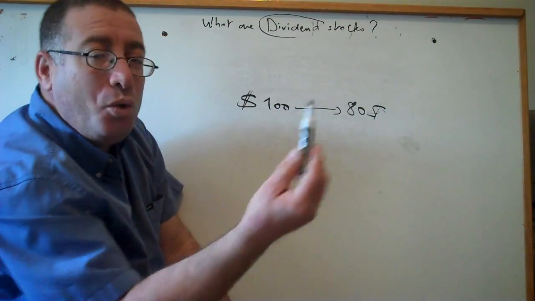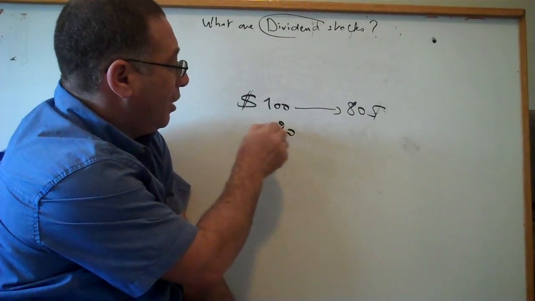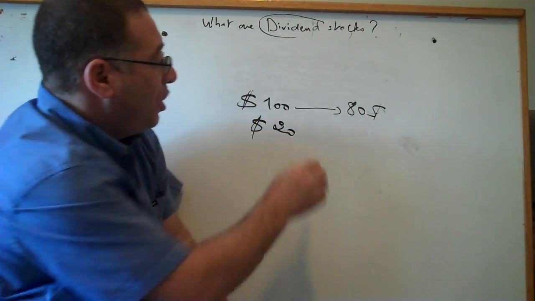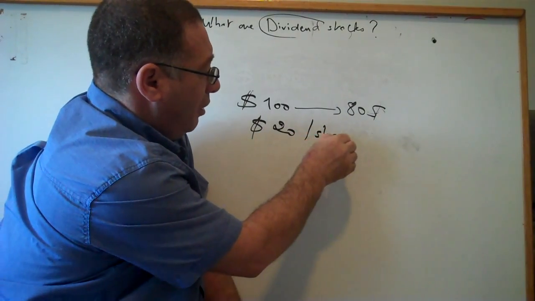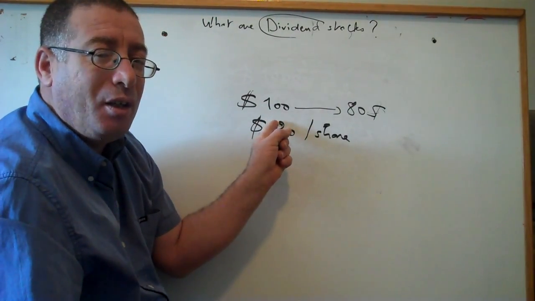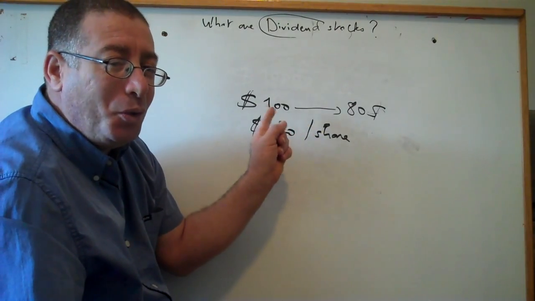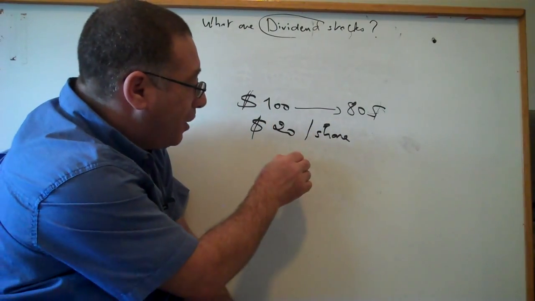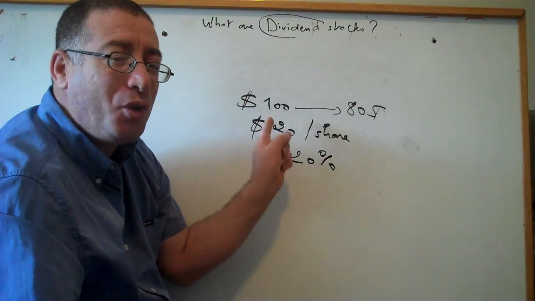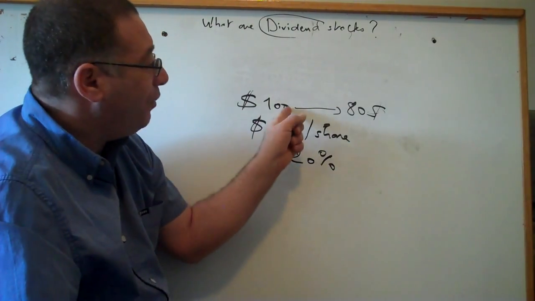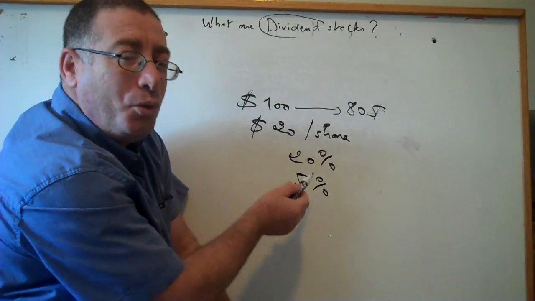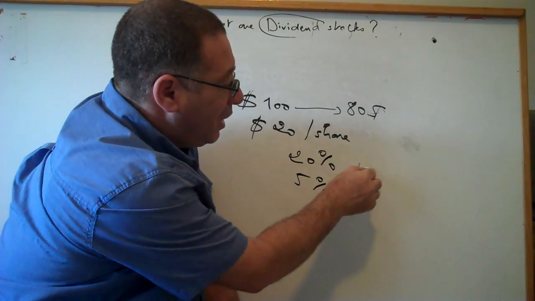You lose $20 for each share. You know what that means, $20 for each share? It is 20% of your money gone. And if you have a dividend of 5%, so you lose 15% of your money.